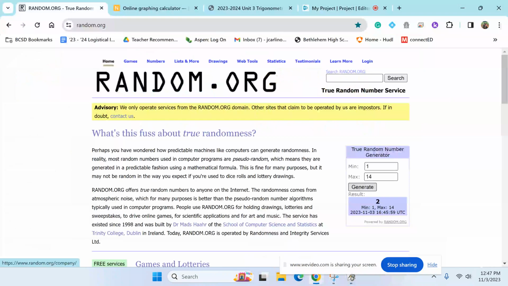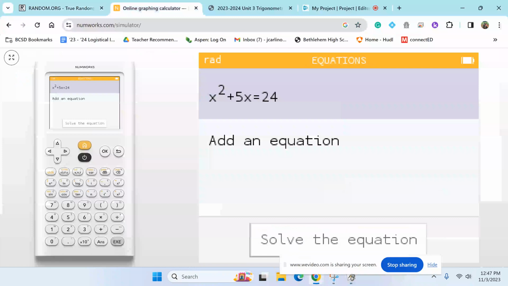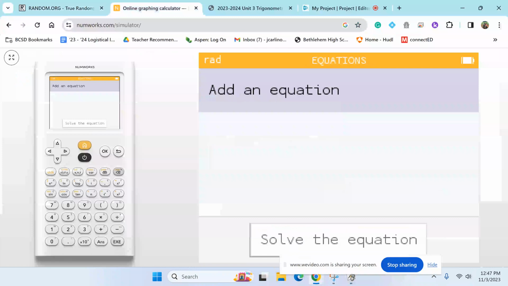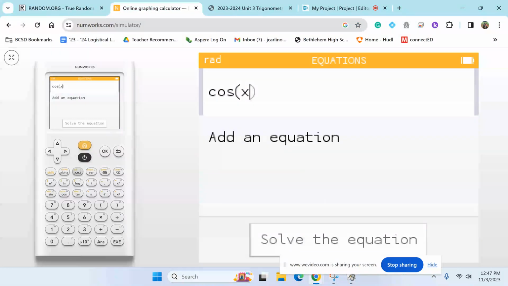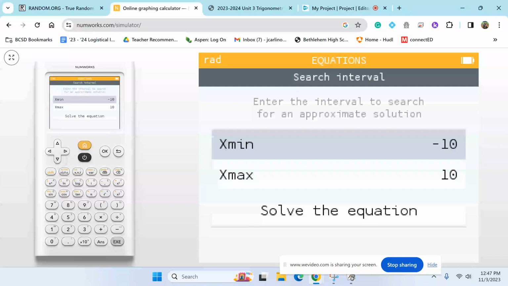I go to the solver. Cosine X equals 3/4 for me. Right, I get nervous here. I don't have a quadrant either.